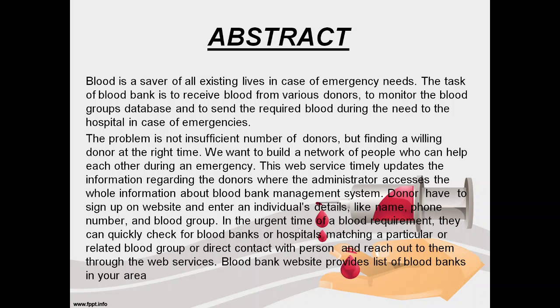In the urgent time of a blood requirement, they can quickly check for blood banks or hospitals matching a particular or related blood group, or directly contact a person and reach out to them through the web services. The blood bank website provides a list of blood banks in your area.